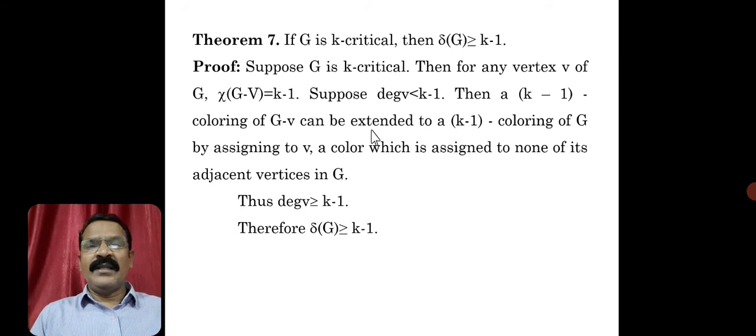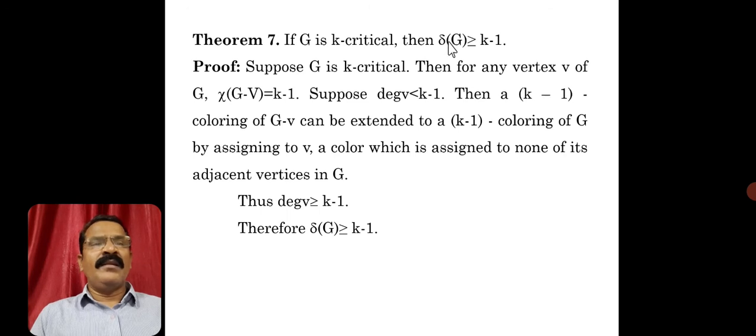What do you mean by critical graph? If you consider any proper subgraph of the graph G, the chromatic number of the subgraph must be less than the chromatic number of the graph G. Then it is called a critical graph. So if G is K-critical, then delta G is always greater than or equal to K minus 1.